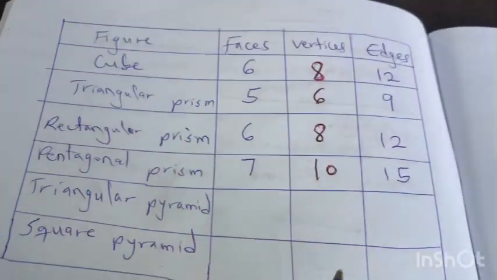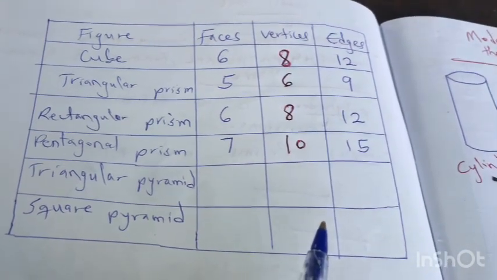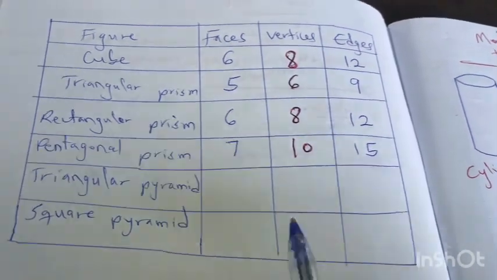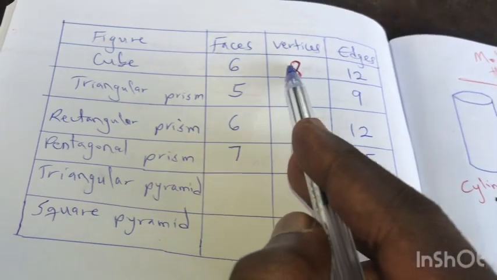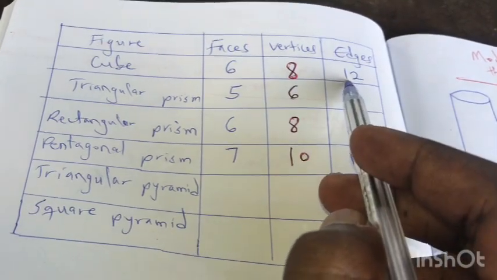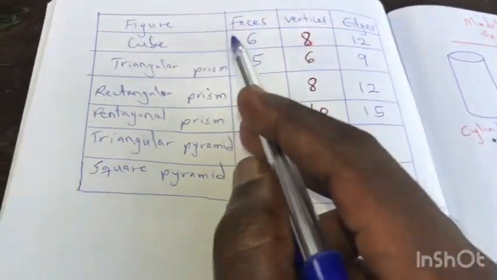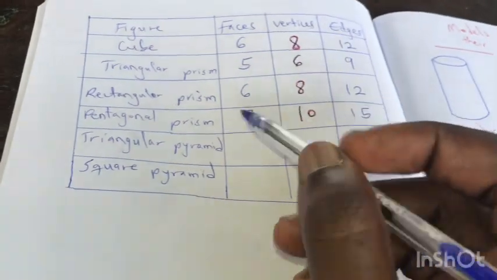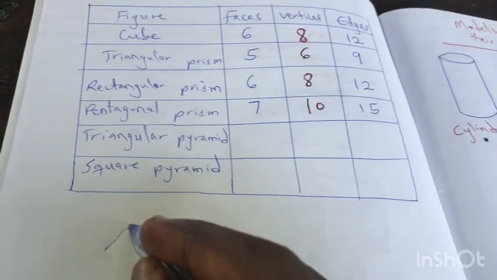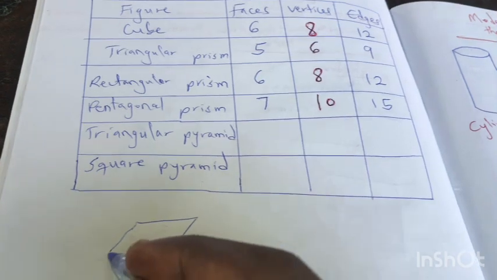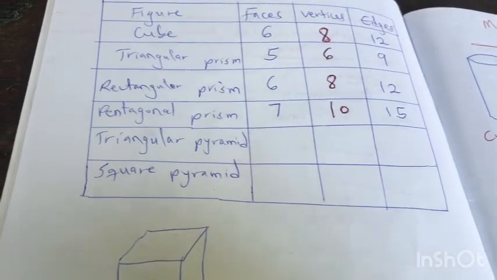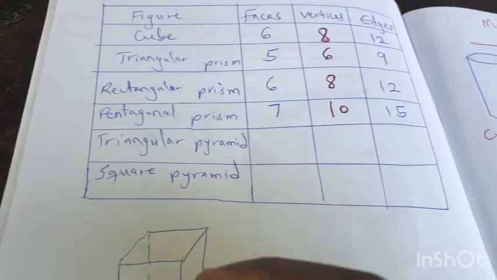We should be able to fill this table at the end of the lesson. A cube has 6 faces, 8 vertices, and 12 edges. What do we mean by faces, vertices, and edges? Take this as my cube, a square box.